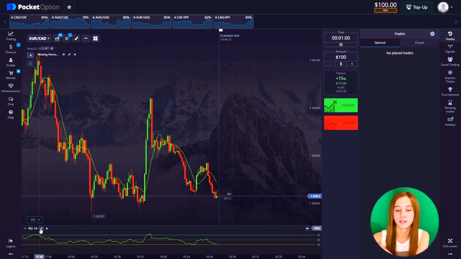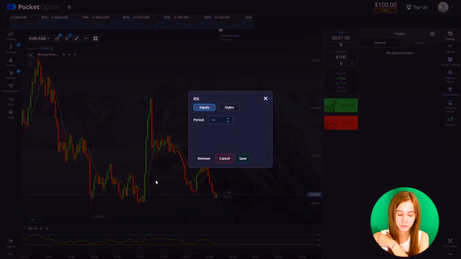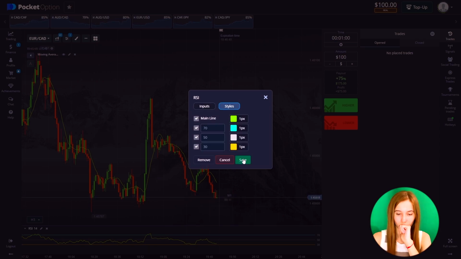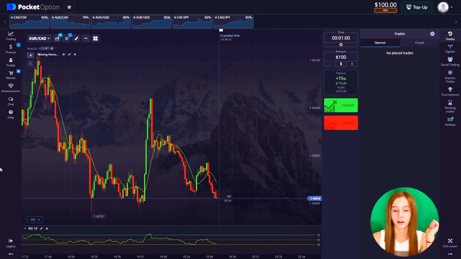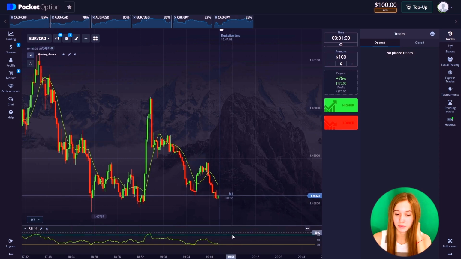Now the RSI indicator, whose settings we see at the bottom of our screen. This is a tool that measures the ratio of upward and downward movements and standardizes the calculation so that the index is expressed from 30 to 70, with an upper zone and a lower zone.